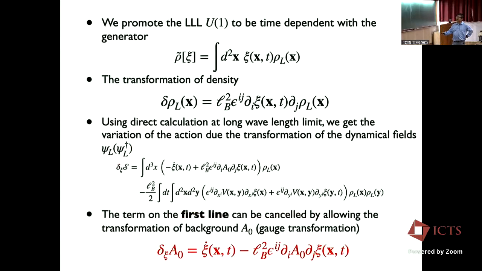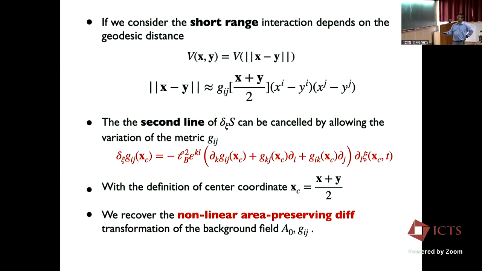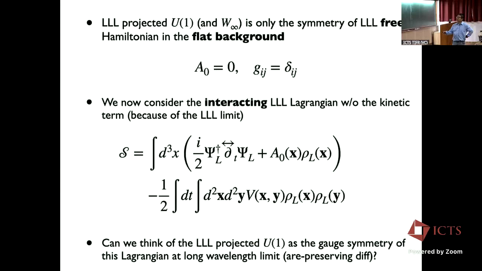So the second line here can be compensated if you also make the change of the matrix. This is the same as the area-preserving diffeomorphism of the metric that I introduced before. That means this action is invariant under the area-preserving diffeomorphism of the background and the projected U1 of the matter field.